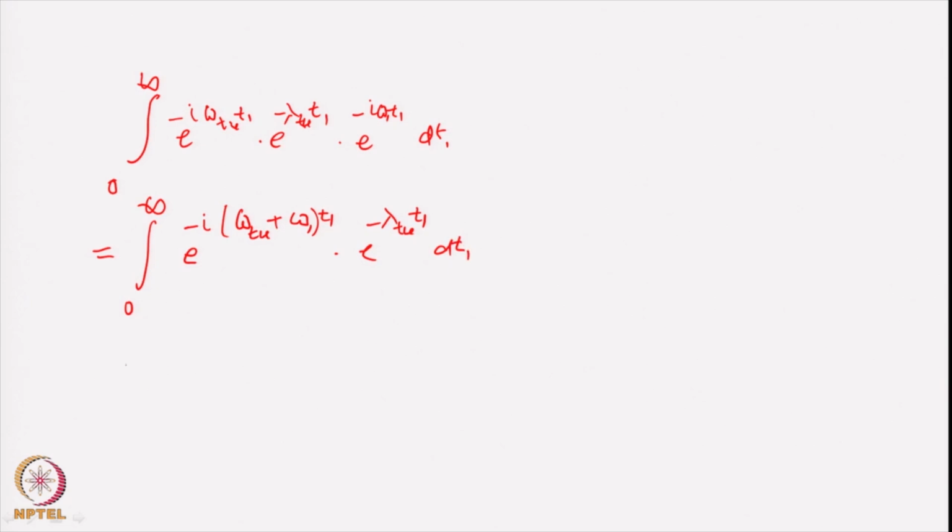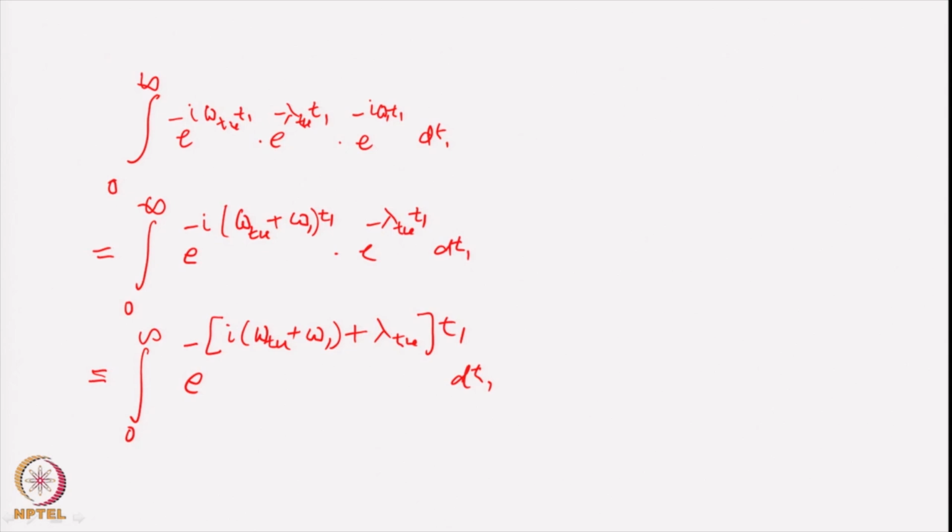So, put this together once more. This is equal to the integral from 0 to infinity of e to the minus, inside the bracket, i (omega TU plus omega 1) plus lambda TU, the whole thing multiplied by t1, dt1.